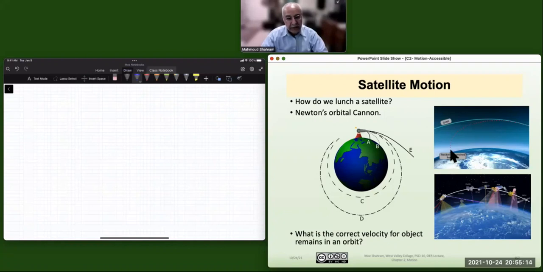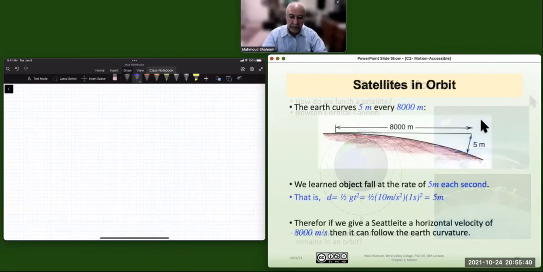They launched a satellite with certain speed to put them in orbit. With that speed, it can just follow the curvature of the Earth. Out there is no air drag or anything. So therefore, it can continue going for a very long, long time. Now, what is that speed?